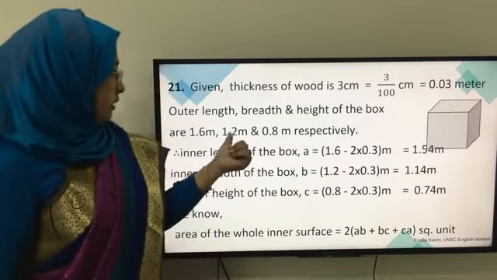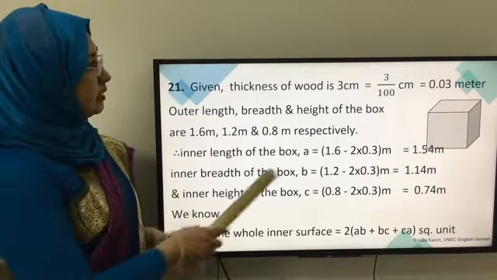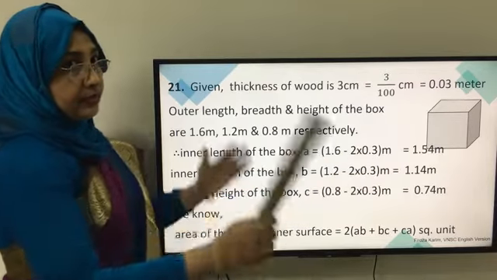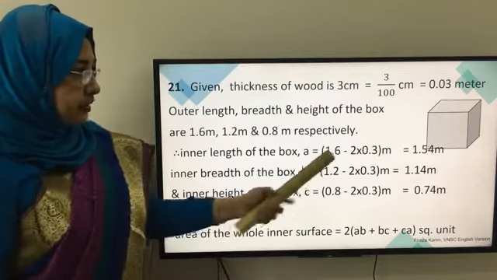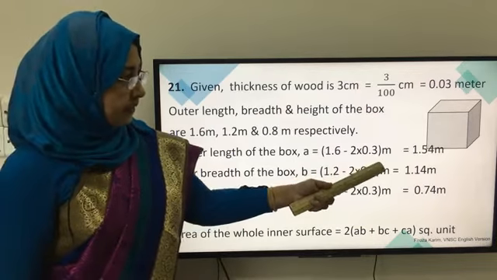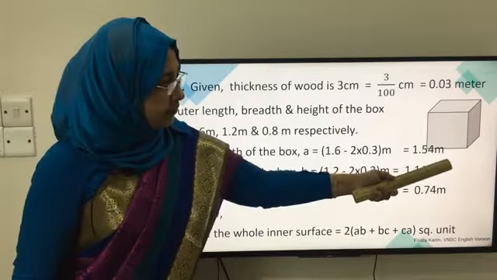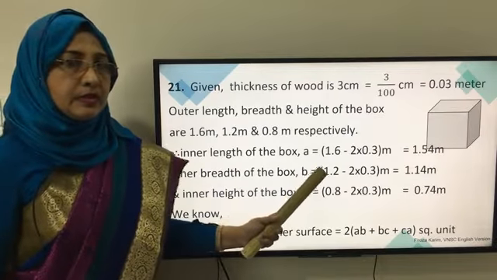As I know the outer length of the box, if we deduct the thickness 2 times, of course, because length is in both sides, breadth is in both sides, so we have to deduct 2 into 0.03 meter from 1.6 and it will be 1.54 meter. This is the inner length of the box.